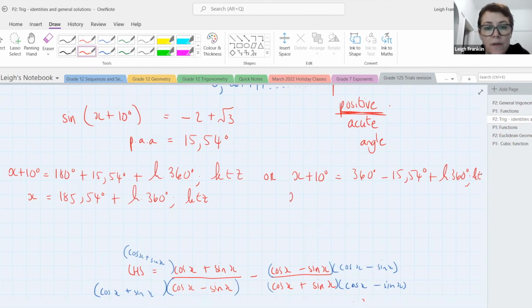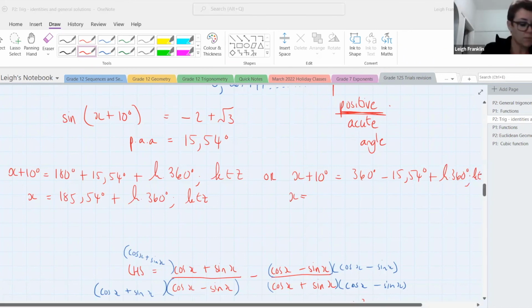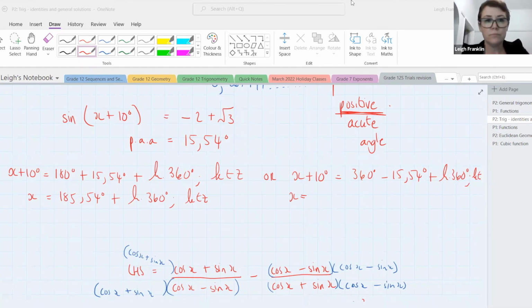In that case, x would be equal to 334,46.